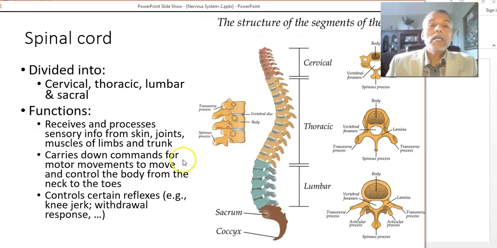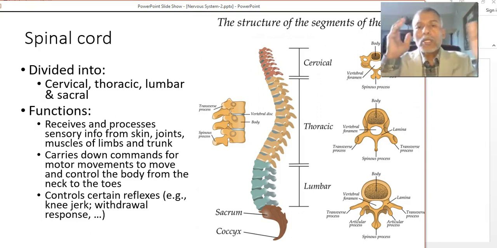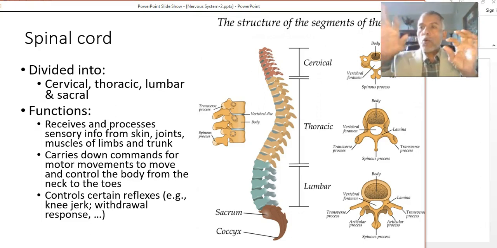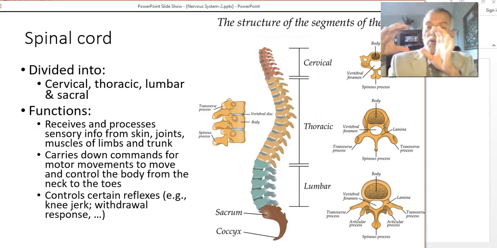The functions, as I mentioned: think of the spinal cord as just a big cable. Say you have a huge building that has lights and computers and electric wiring. Every wire that comes out of a classroom or out of anything in the building is all bundled up into a large cable outside of the building.